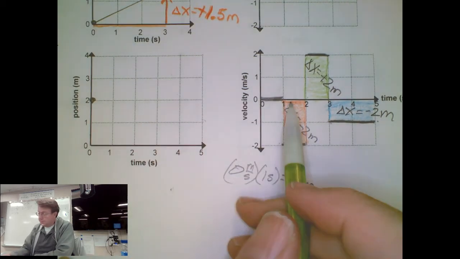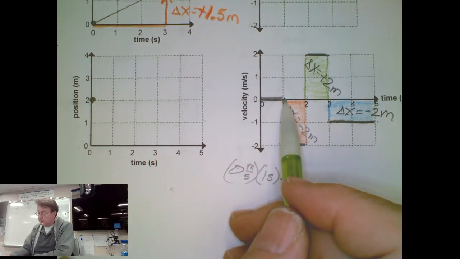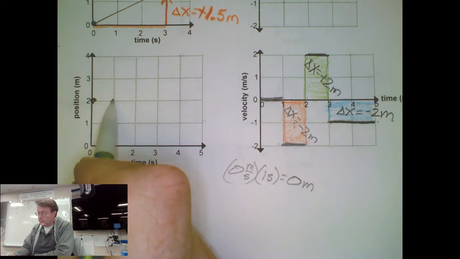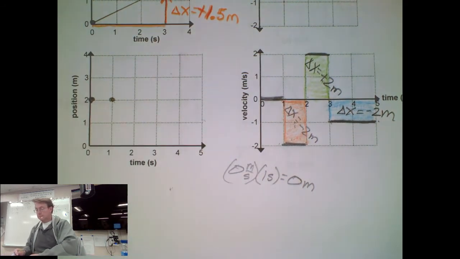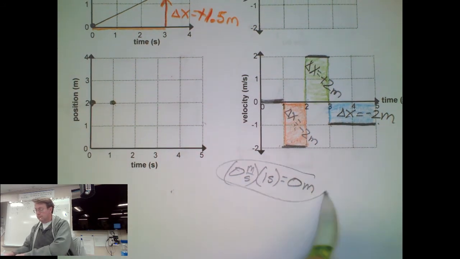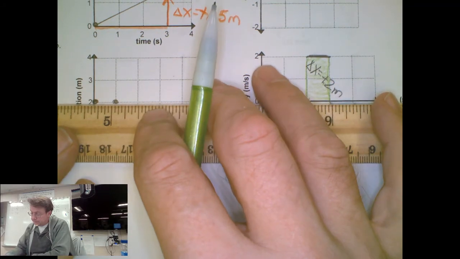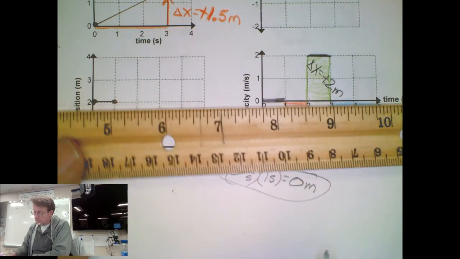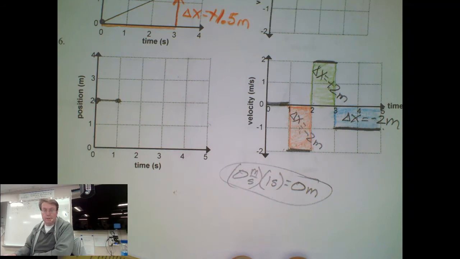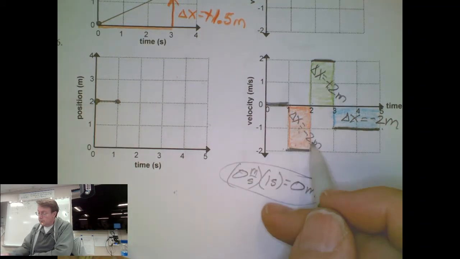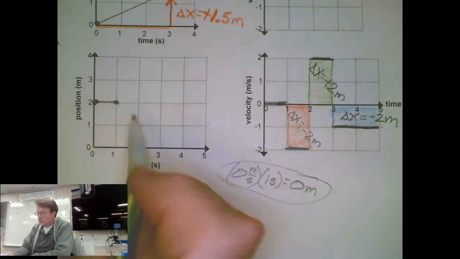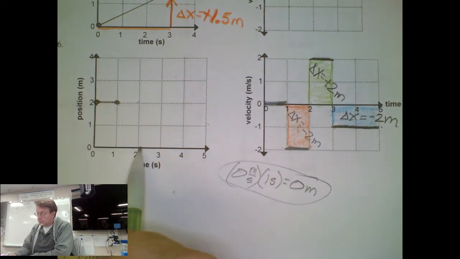So my first displacement is 0. So I go over 1 second and not up or down. I just stay there. So that's my first displacement of 0. Now for the next move, I'm going to go down 2 meters in a time of 1 second.